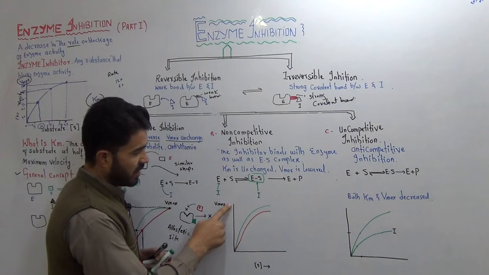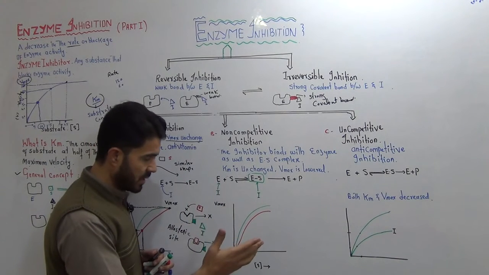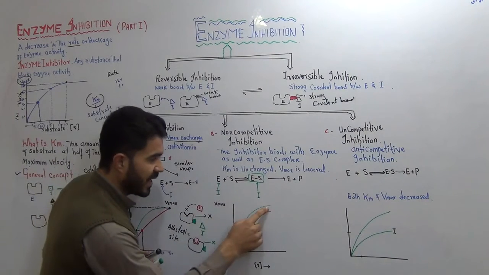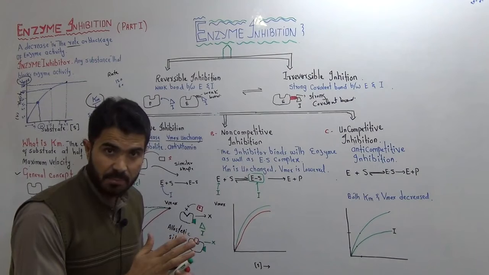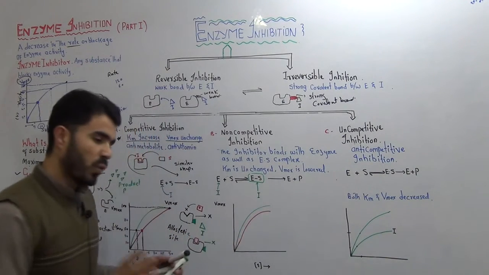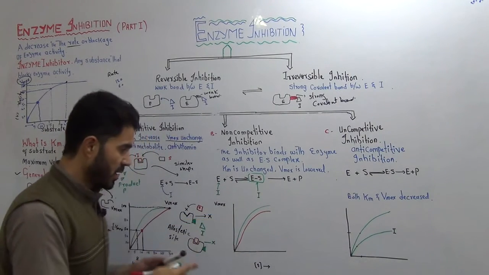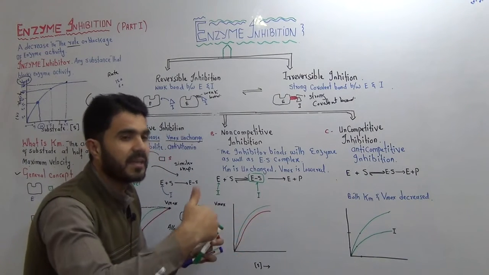In this case, again, we have the Vmax here. I think there is no need to write the numbers again. And here we have substrate. This line, the green line, is the line of the enzyme in the absence of inhibitor, meaning there is no inhibitor. Okay, fine. When you apply inhibitor to the enzyme action, then we will get another line. The red line is for the inhibitor.